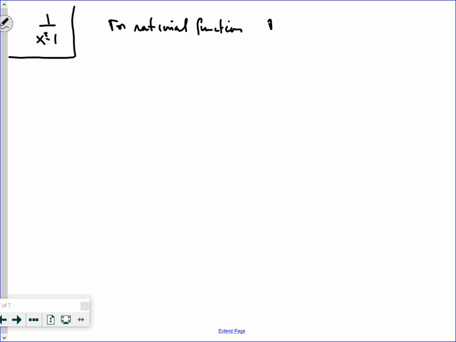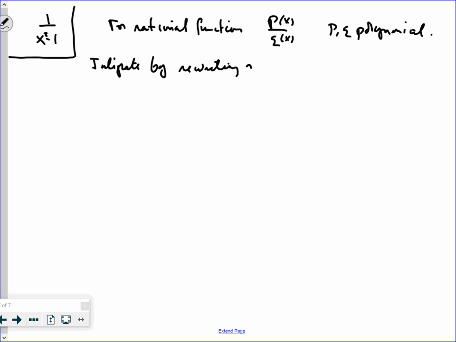And what a rational function is, it's a polynomial over a polynomial. Partial fraction decomposition. You can't read that very well.